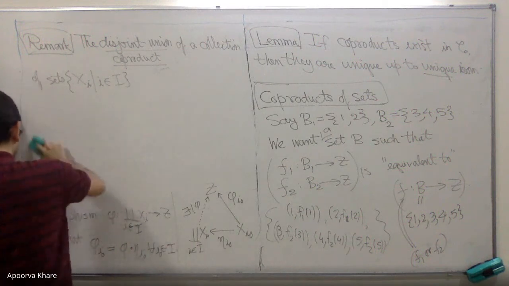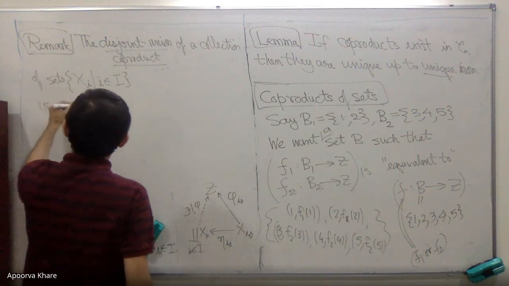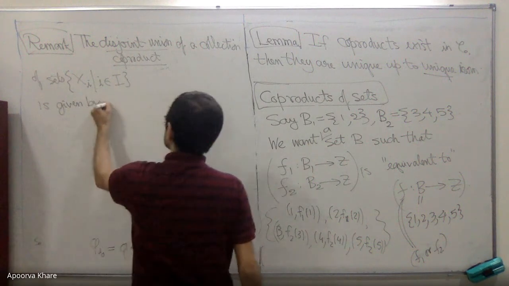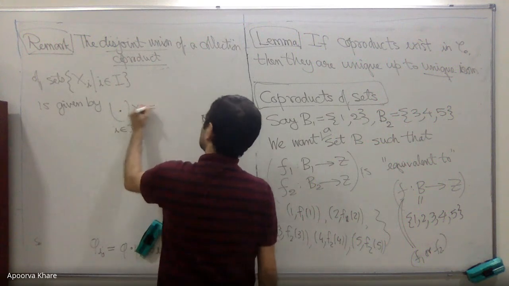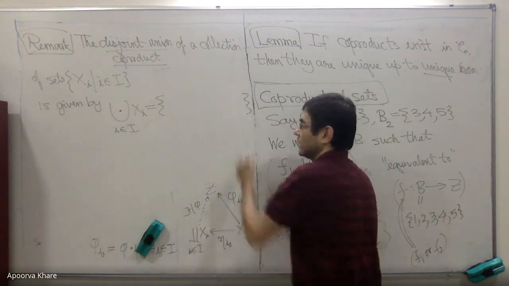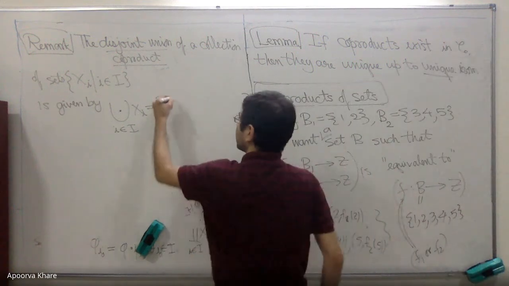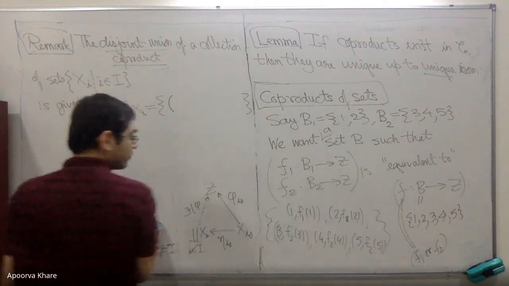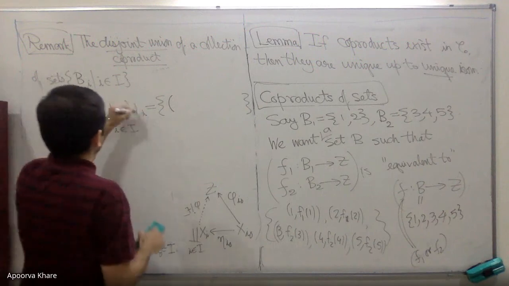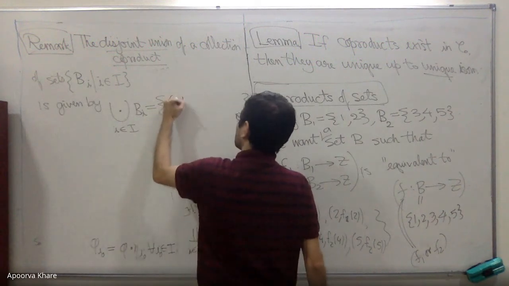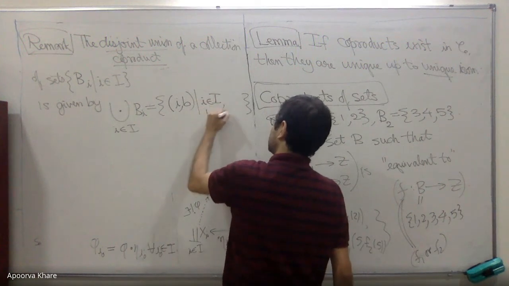It is given by the union with a dot over i in I of B_i, and I'm going to define this formally now as the set of pairs. Sorry, I keep saying X_i, but I want to say B_i. So the set of pairs (i, b) such that i is in I and b is in B_i.